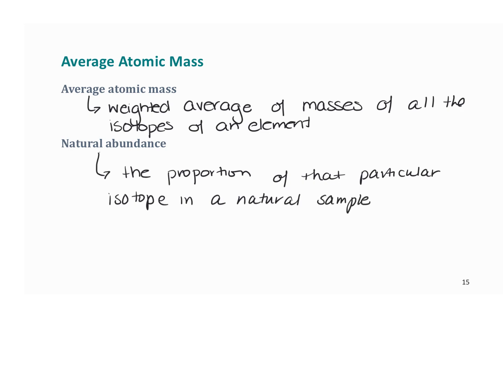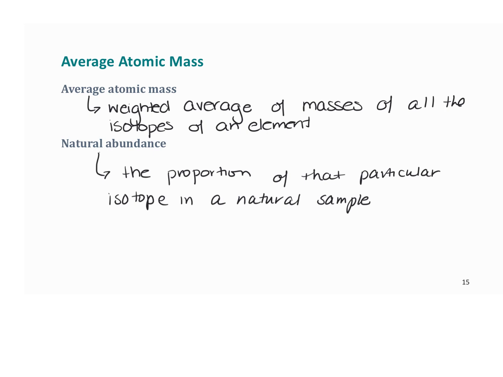So for example, if bromine 81 is just a little bit out there, maybe like 1%, it's not going to affect the average atomic mass as much as if it were like 90%. And so those percentages that we talk about are the natural abundance.